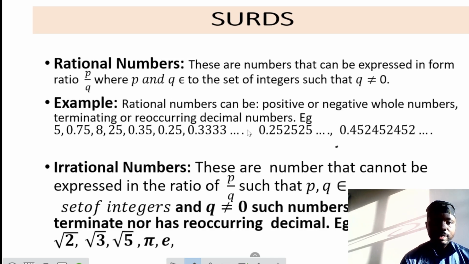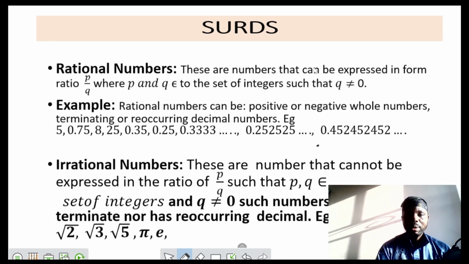The first thing to consider here, as I have it on the first slide, is rational numbers and irrational numbers. What is the difference? A number that can be expressed in the form of a ratio P over Q, where P and Q belong to the set of integers.